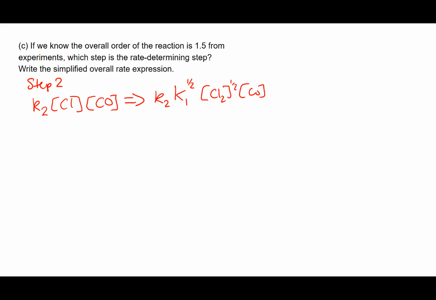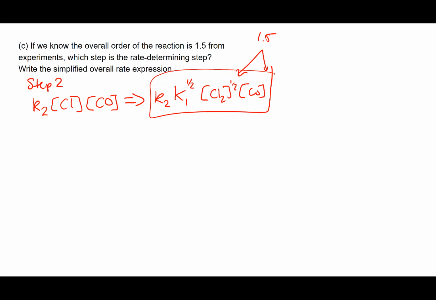Now, if this is the reaction rate, you have an order of 1.5. The order is only dependent upon the exponents of the concentrations. It has nothing to do with any exponents or anything related to the rate constants.